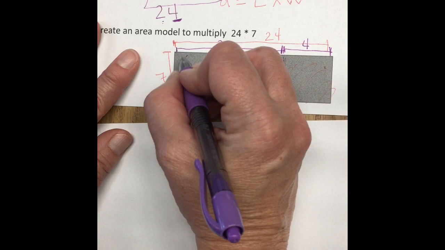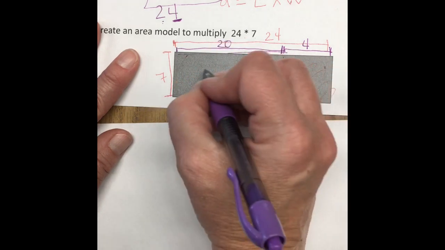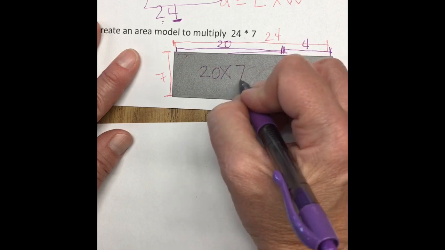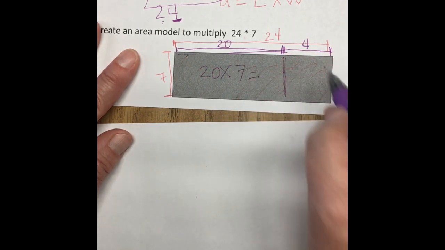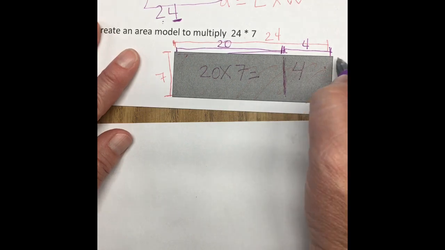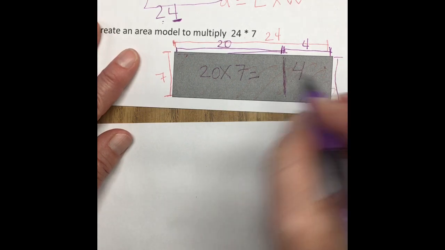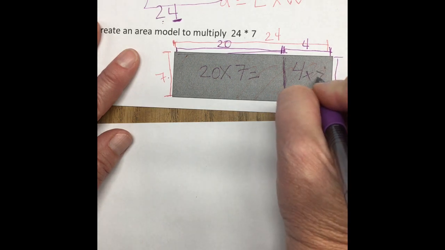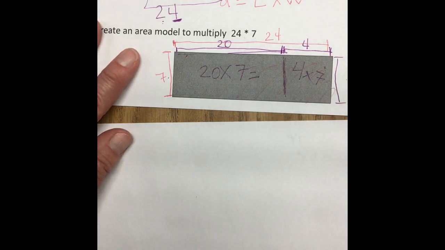And then this portion of the model, the length is 20. So 20 times the width of 7. And then this remaining length is 4. And guess what? The width stays the same whether I'm on that side or that side. So times 7.